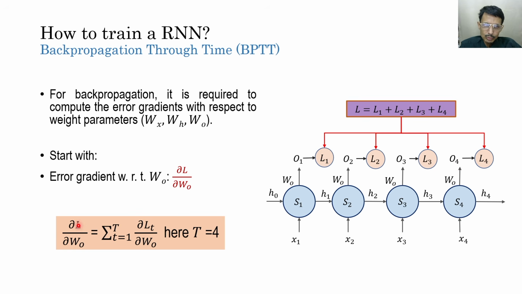So finding del L by del Wo is very straightforward. We just sum it up with t equal to 1 to T. Here T is equal to 4.